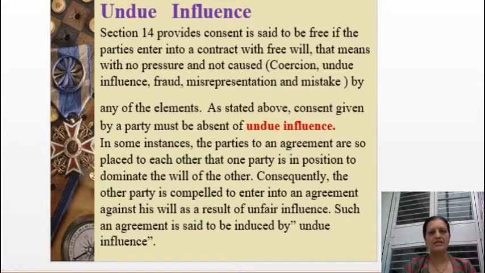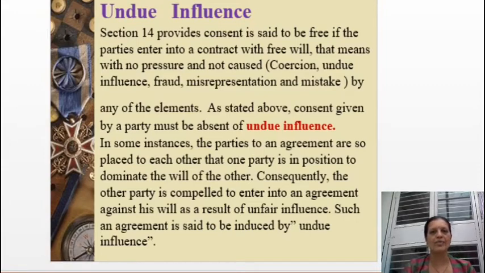In some instances, the parties to an agreement are so placed to each other that one party is in a position to dominate the will of the other party. Consequently, the other party is compelled to enter into an agreement against his will and as a result of unfair influence.